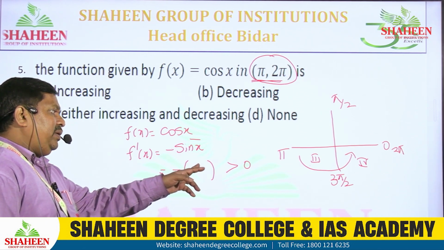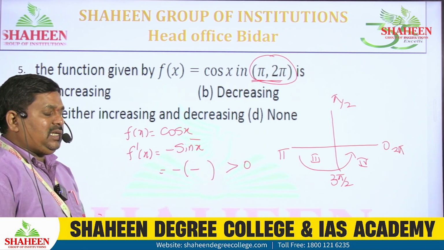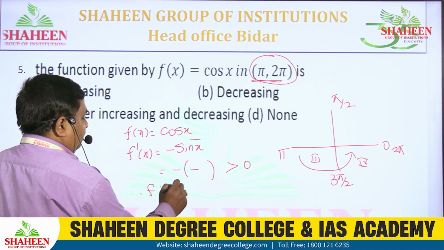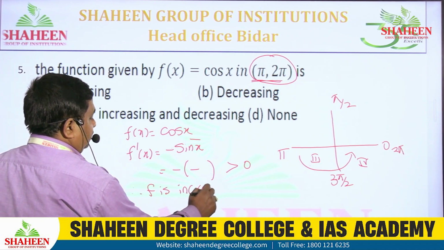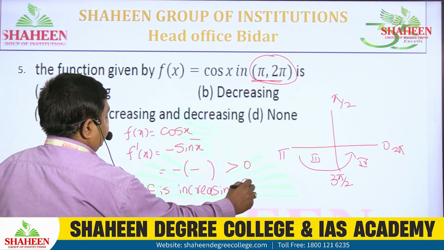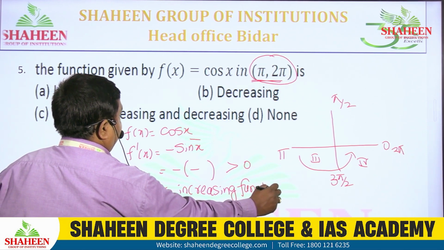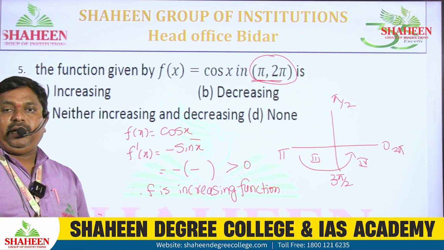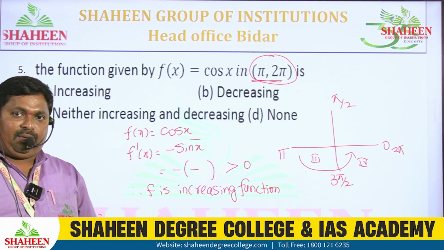So minus into minus becomes plus. Plus means greater than 0. Therefore f is an increasing function in the pi to 2 pi interval.